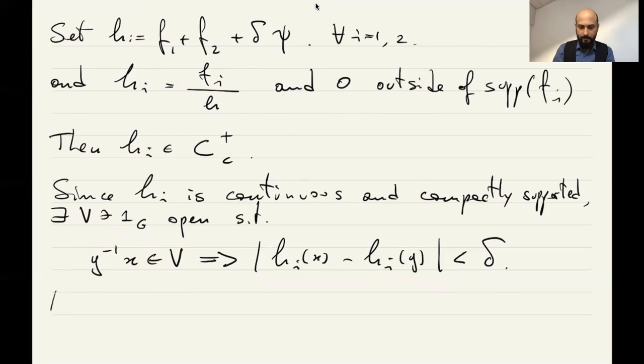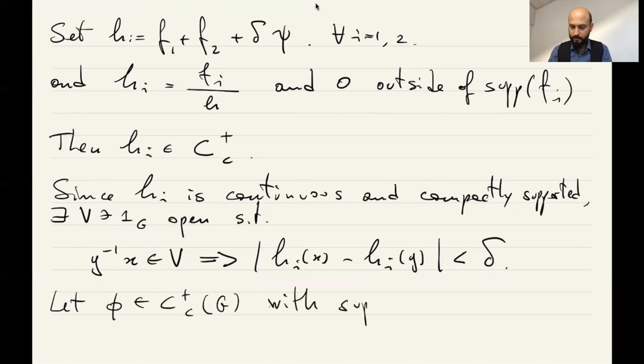Now let's also take a function phi positive, compactly supported, with support of phi in V. Okay, so now let's give a bound.